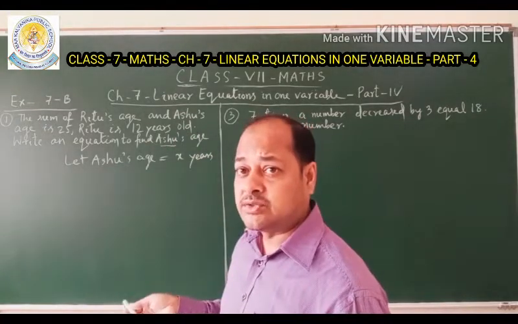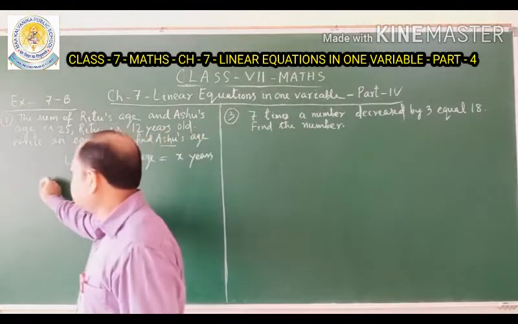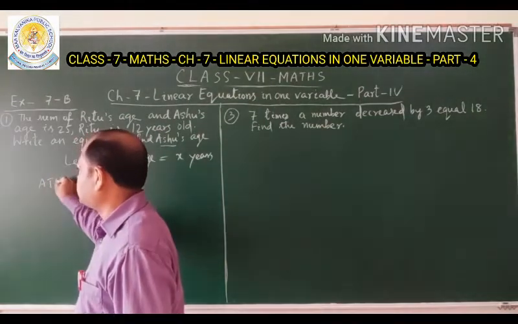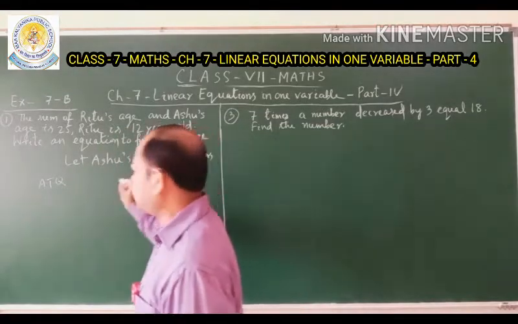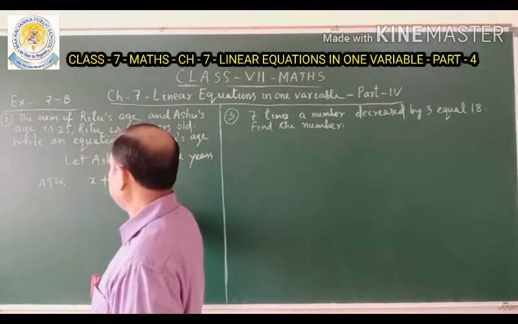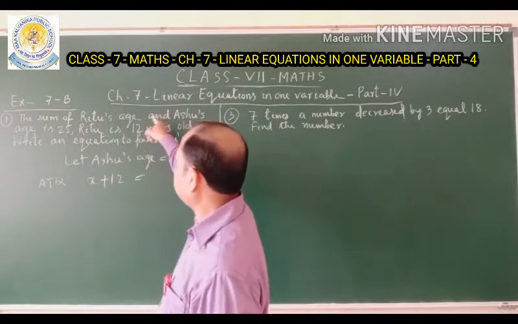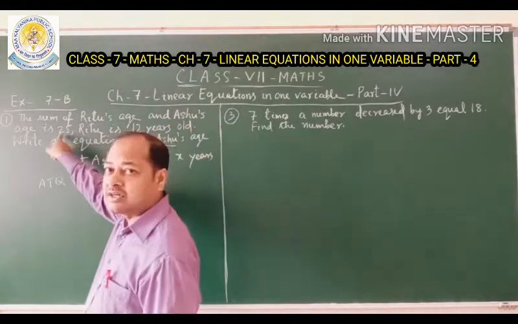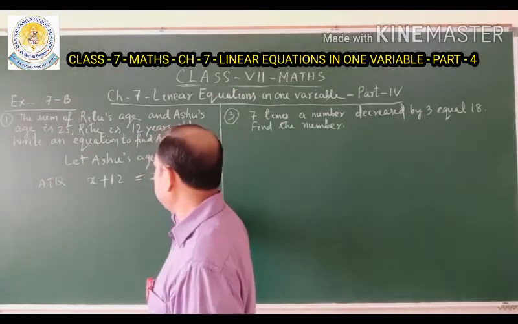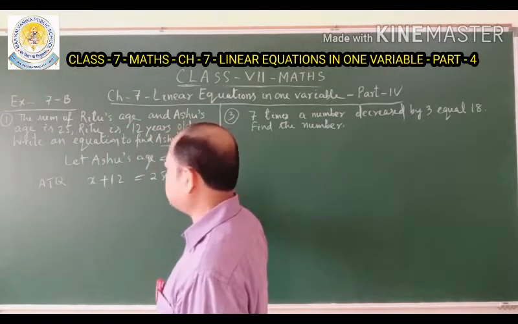According to the question, Ritu's age is 12 years and Asu's age is x years, so x plus 12 equals 25, the sum of their ages.